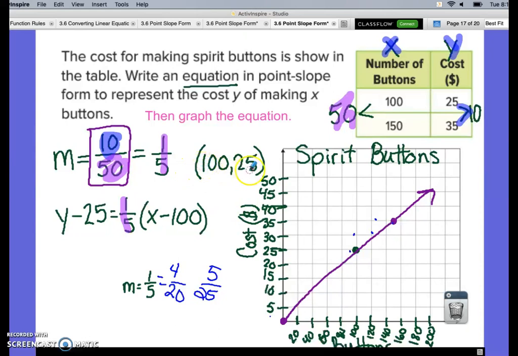We chose 100, 25. The x minus the x point, and then y minus the y point. So y minus 25. You're going to plot that point on your graph, and then you're going to use the slope and find another point.